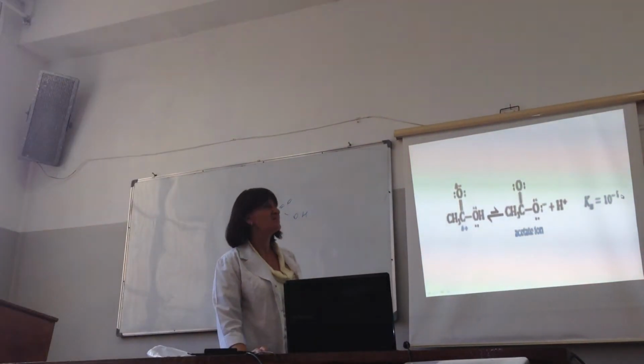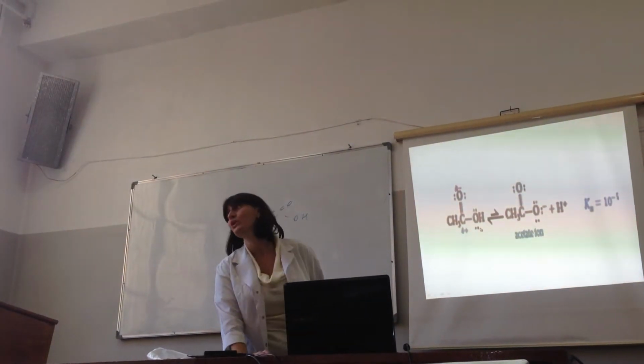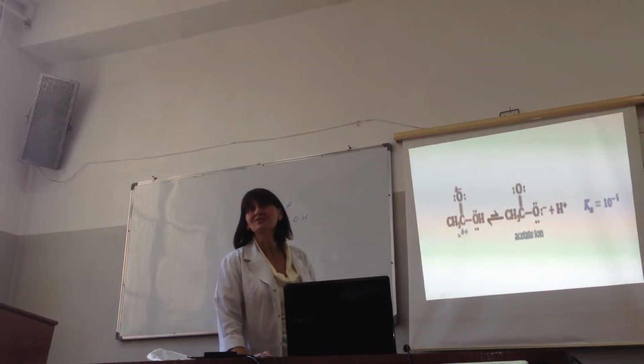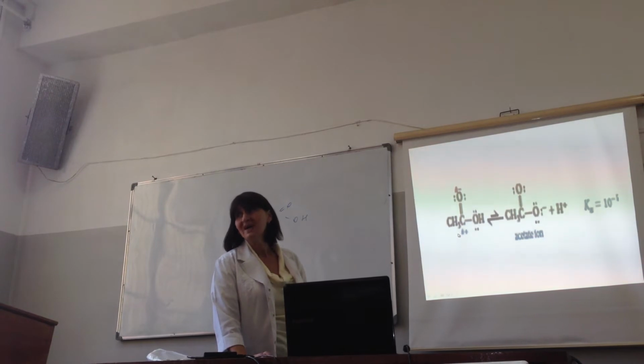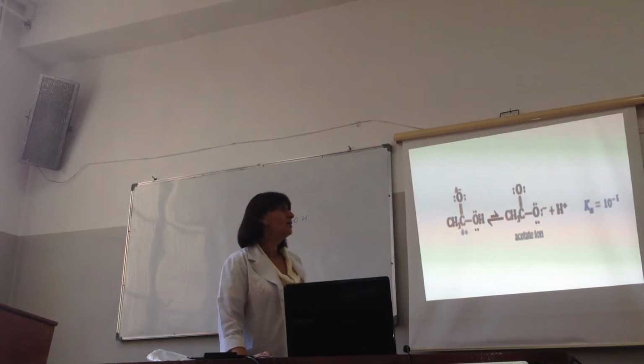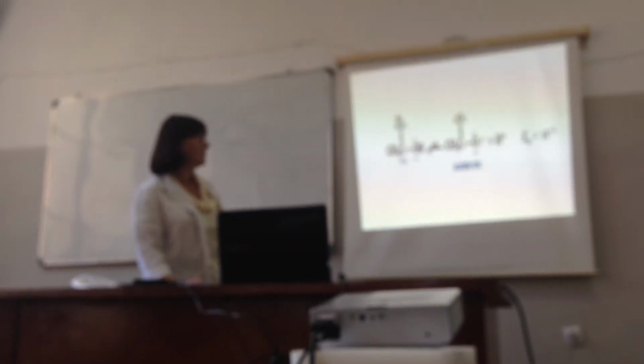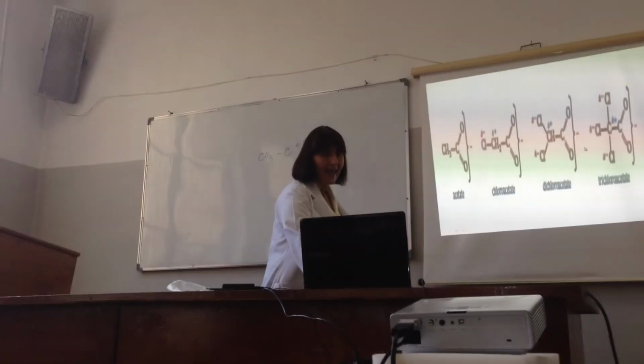What does that mean? It means that this acid is a very weak acid. This one is the trivial name of this acid, acetic acid, or this one is ethanoic acid. Do you remember the suffix of the COOH group is oic acid? So ethanoic acid, because here you have 2 carbon atoms.